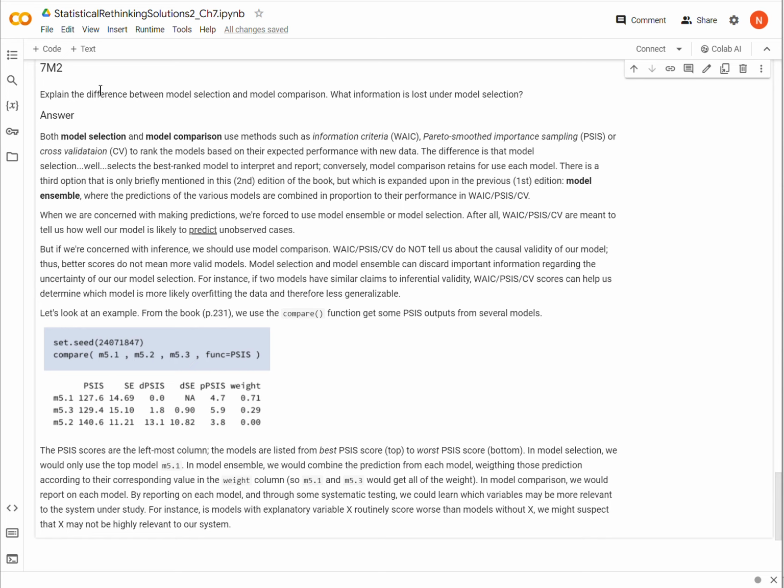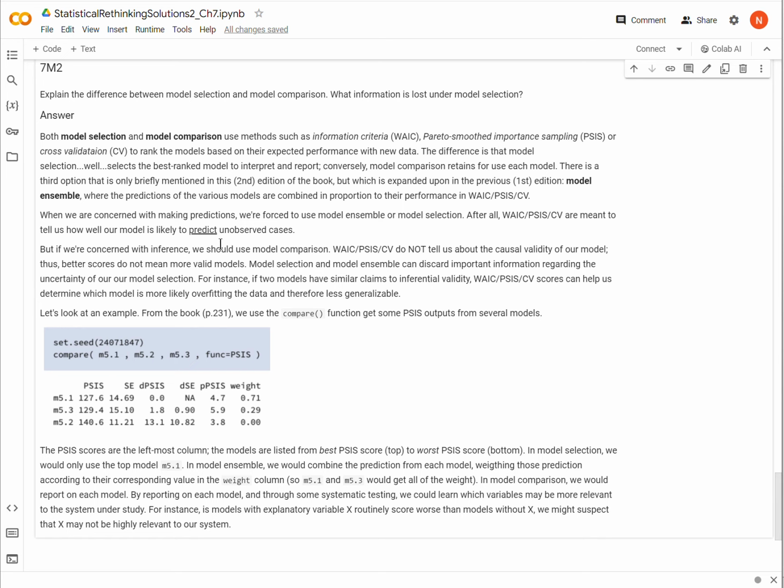Both of these ideas, model selection and model comparison, use information criteria or Pareto smoothed importance sampling or cross-validation to rank the models, okay? Specifically, to rank them according to how well we expect those models to predict new data.